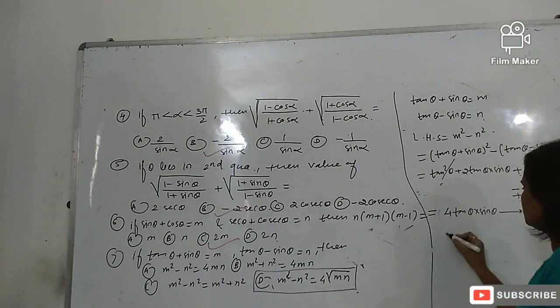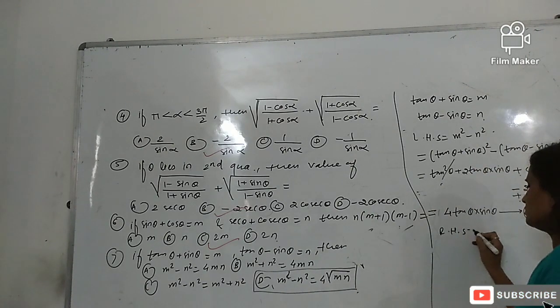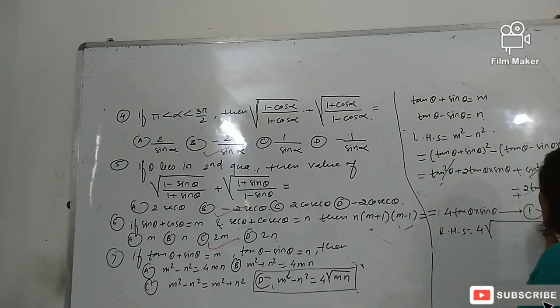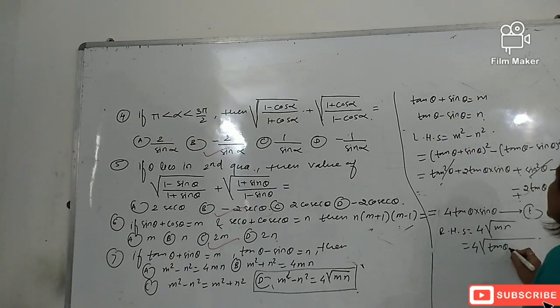Then simplify the RHS. What is the RHS? 4 square root of m into n. So just put the value of m and n. The m value is tan theta plus sin theta, and the n value is tan theta minus sin theta.